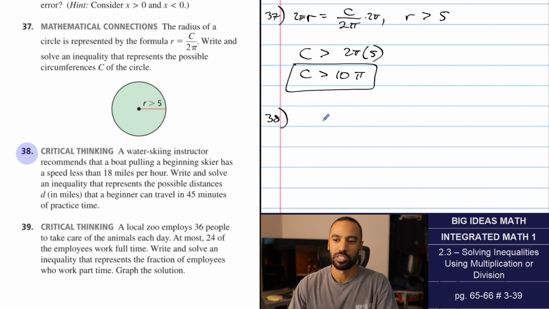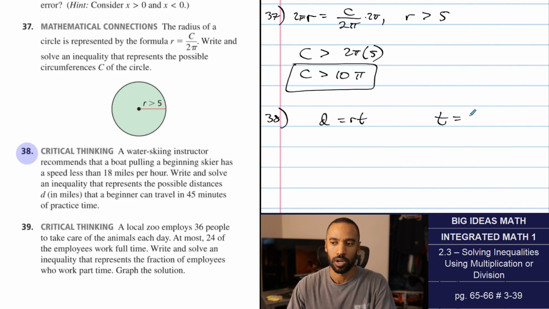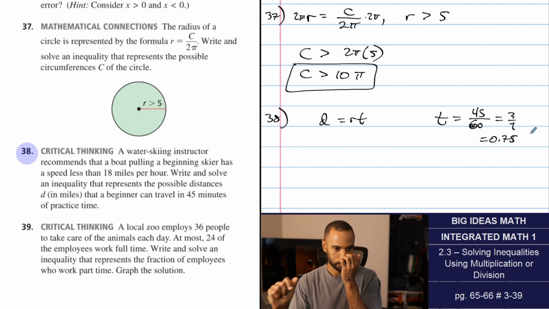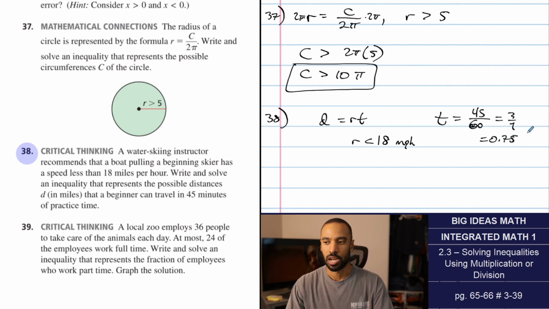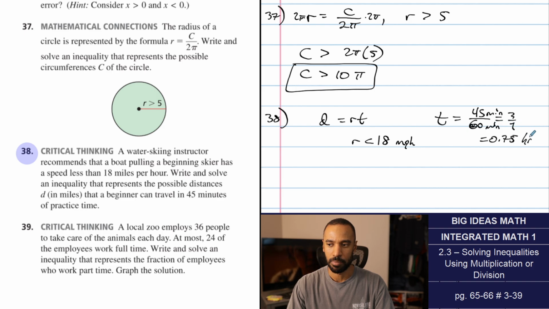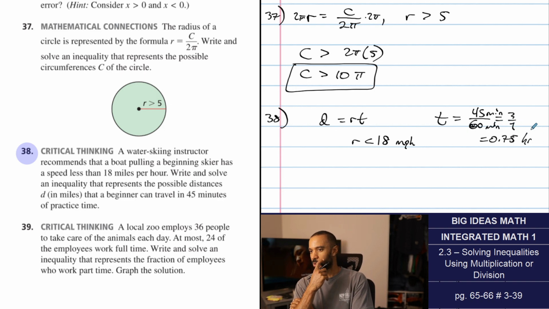Well, first of all, distance equals rate times time, but this time your time is going to be 3/4 of an hour. 45 minutes out of 60 minutes is 3/4, or you can say 0.75. Keep that in mind for time. A speed less than 18 miles per hour, your r needs to be less than 18. And time is the number of hours, 0.75.